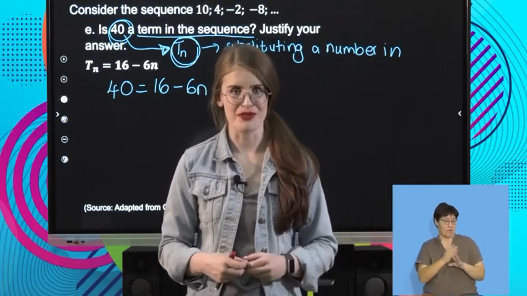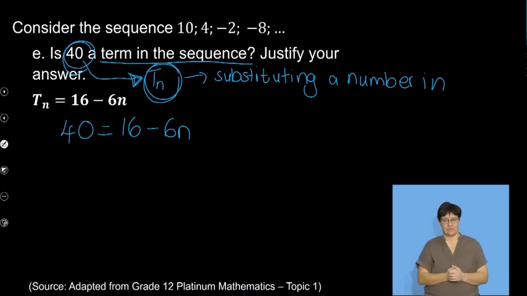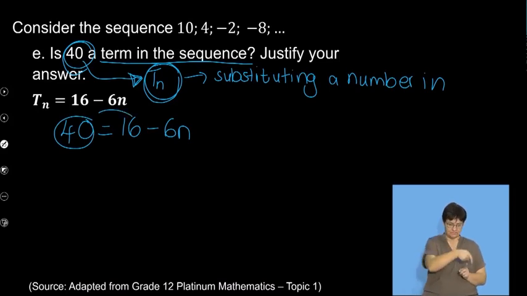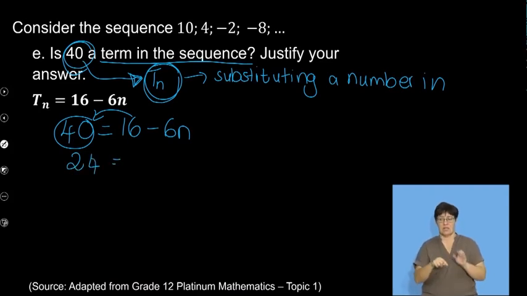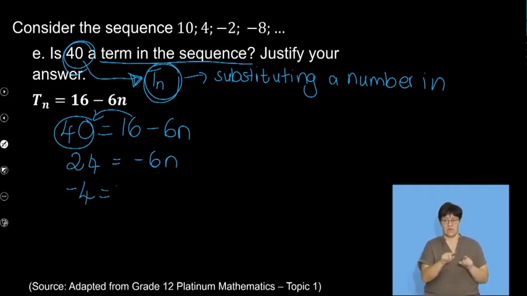Let's look at the board to see if it works. So I've substituted in 40 for Tn. So it's going to be subtracted by 16 because I'm going to carry the 16 over. So it's going to be 24 is equal to negative 6n. Then if I divide both sides by negative 6, I'm going to get that n is equal to negative 4.